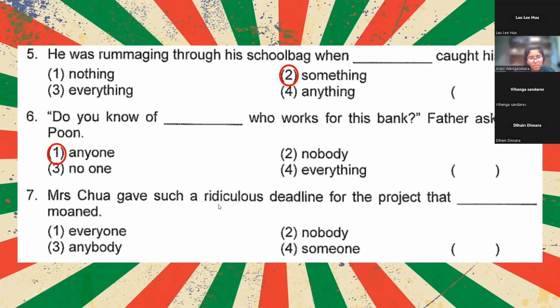Mrs. Straw gave such a ridiculous deadline for the project that blank mourned. What's the correct answer? Does anyone have any idea?